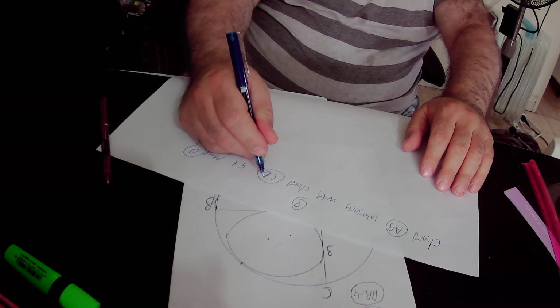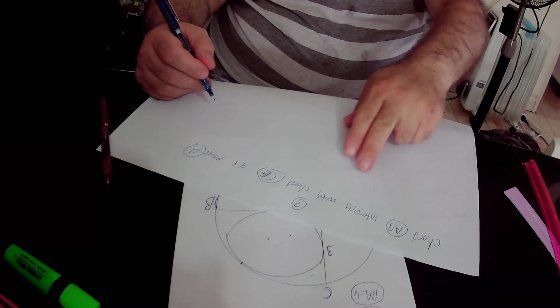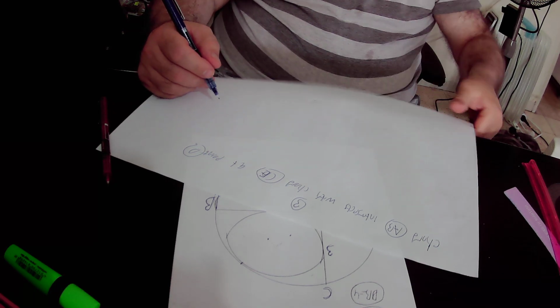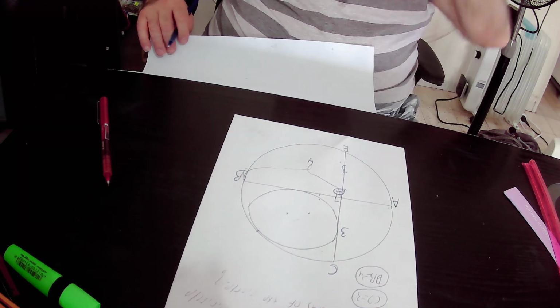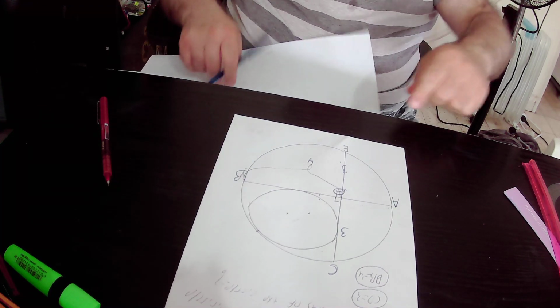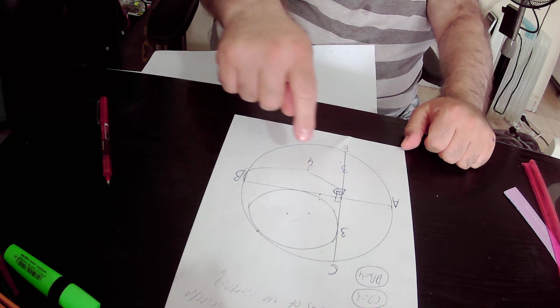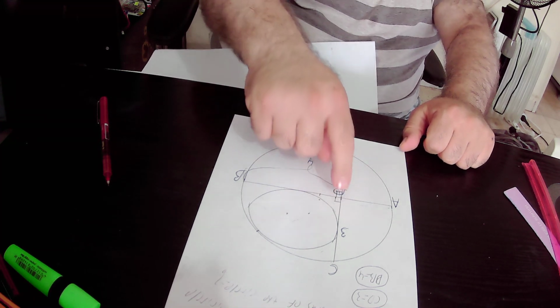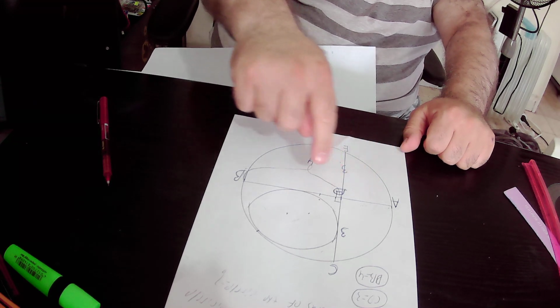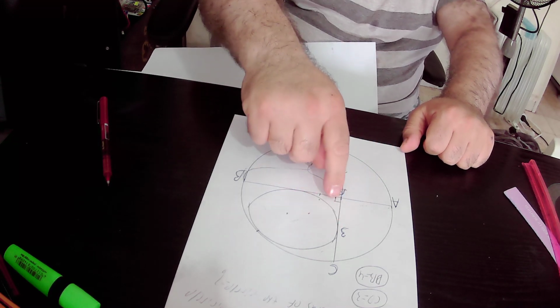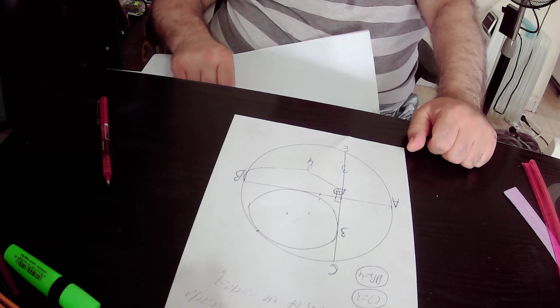Again, chord AB intersects with chord CE at point D. Therefore, according to rule number 1, we get that AD times DB equals CD times DE. I write it down here.